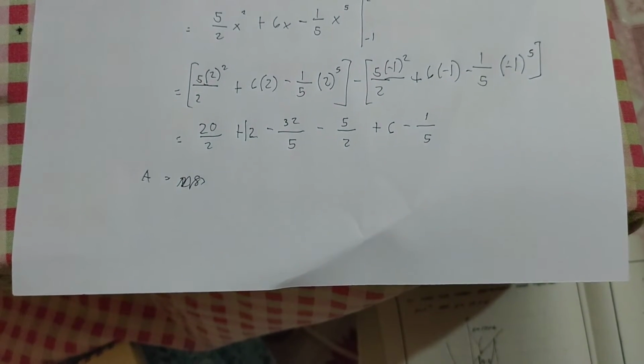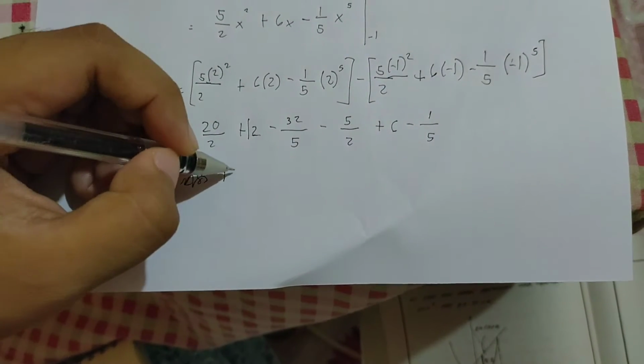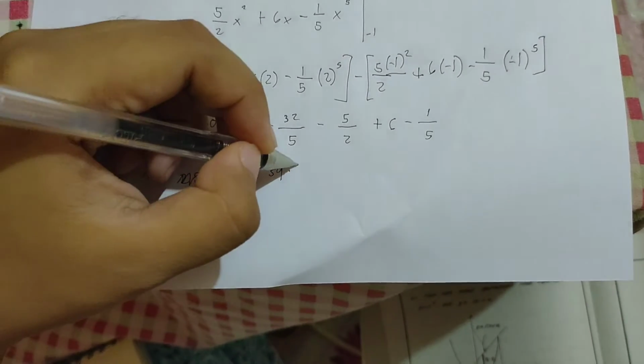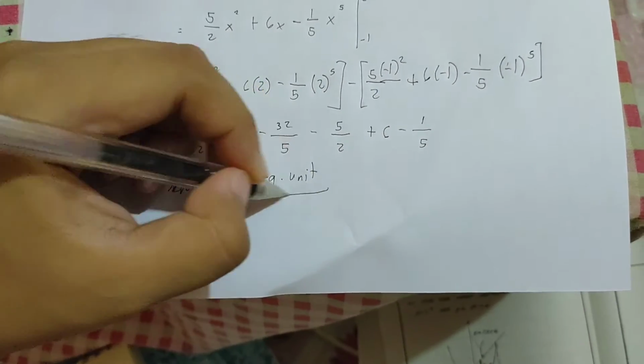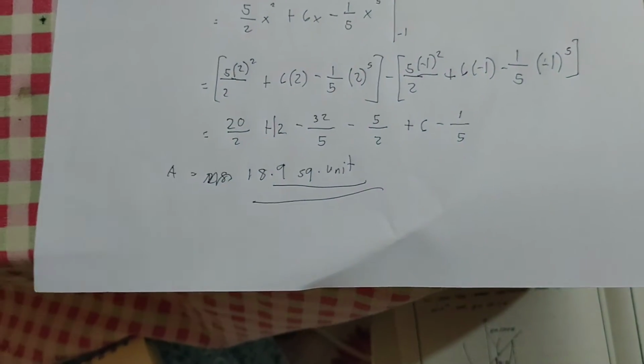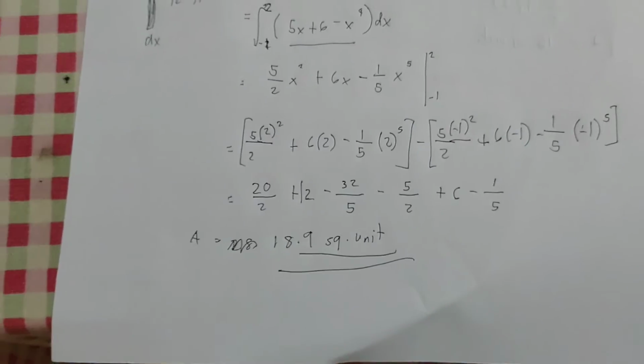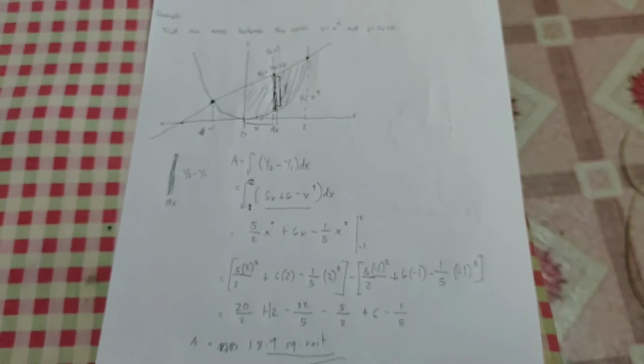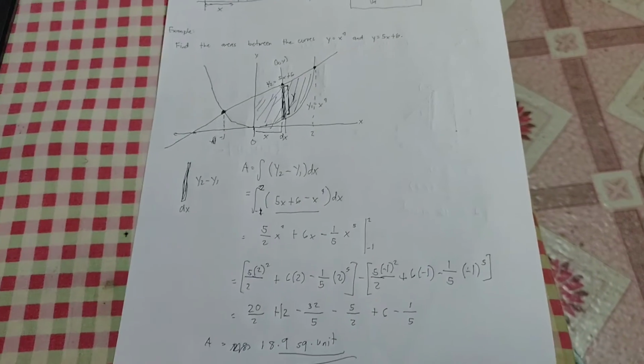Our area is 18.9 square units. That's it. That is our final answer in getting the area between curves.